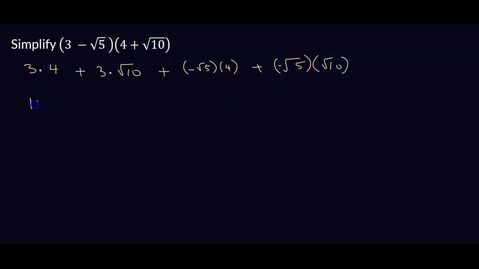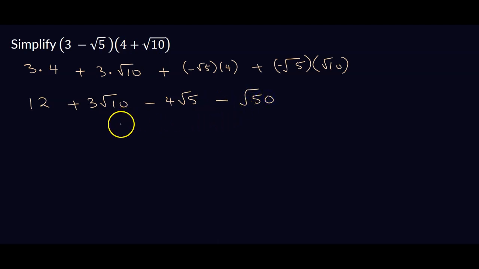So this is going to be 12 plus 3 square root of 10 minus 4 square root of 5 plus, this is minus here, so it's going to be minus the square root of 50.